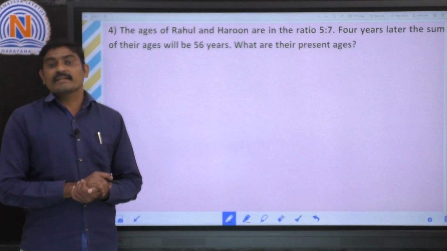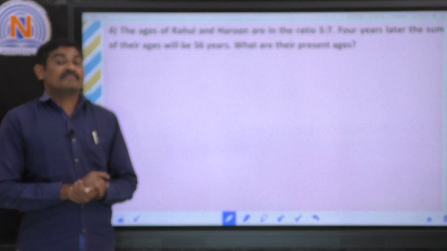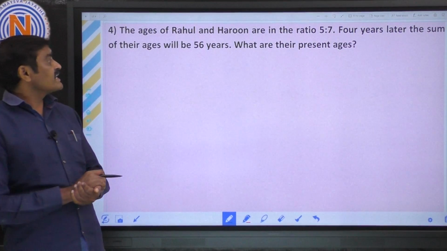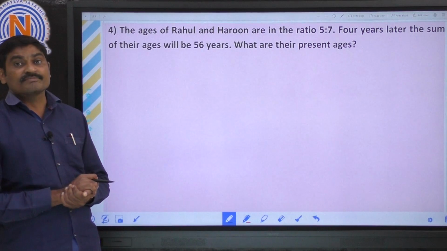Then what are their present ages? Here, the ages of Rahul and Harun are in the ratio 5:7. 4 years later, the sum of their ages will be 56 years.